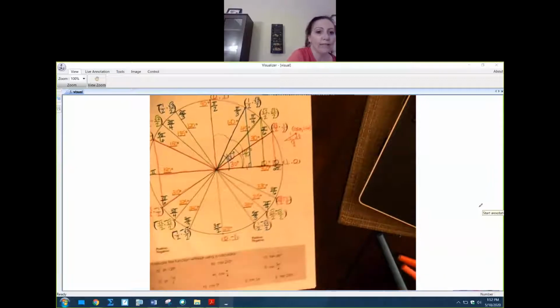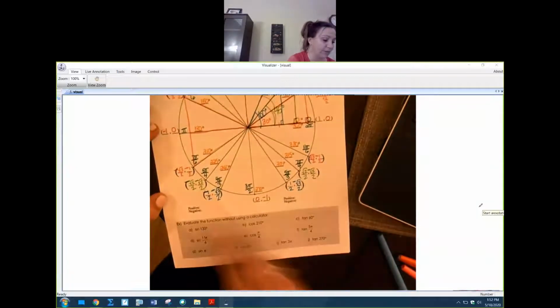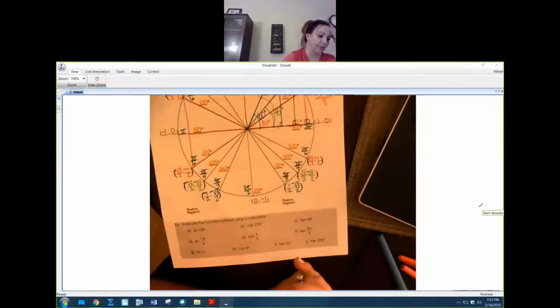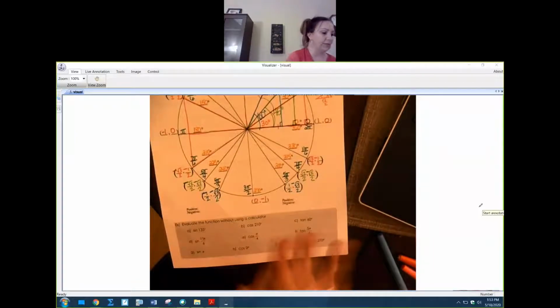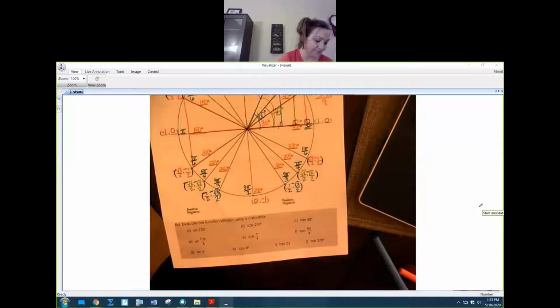So let's say in this problem that we wanted to evaluate the sine of 135. To be honest, I would start by just using the unit circle to get used to it, and then you can try to use the patterns as we go. So to find the sine of 135, I can go on the unit circle to 135.